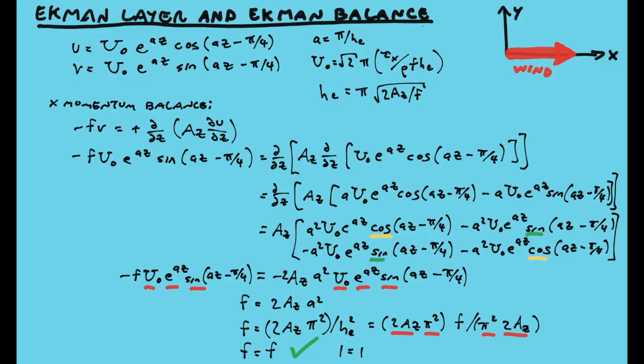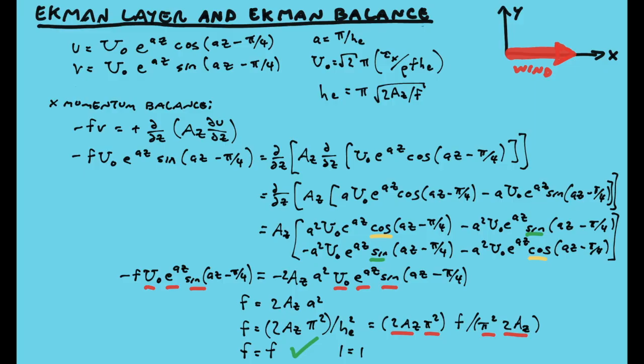At that point, we have 2az pi squared, in parentheses, times f, divided by pi squared 2az, in parentheses. The quantities in parentheses are actually the same, so they cancel out too. So we have f equals f. And that's true. If we want to take it one more step, we can divide through by f and get 1 equals 1, which is an identity.